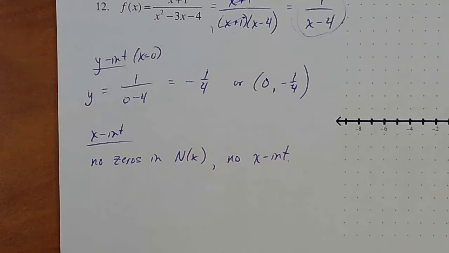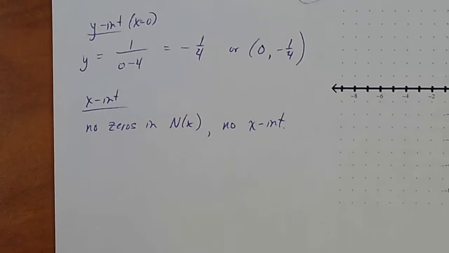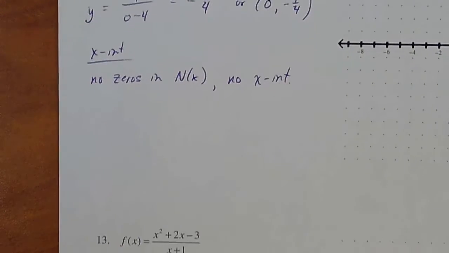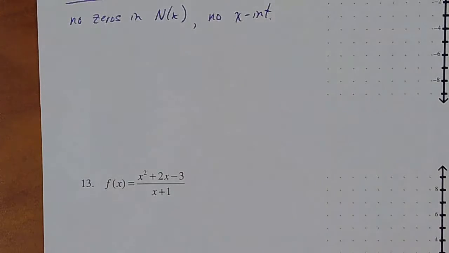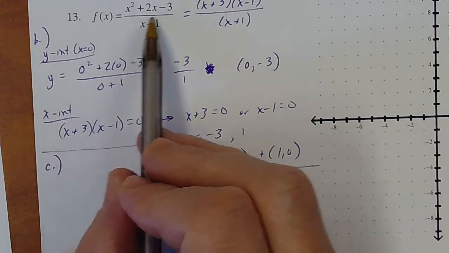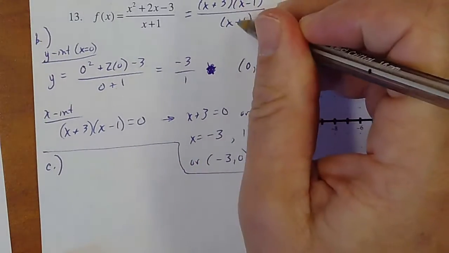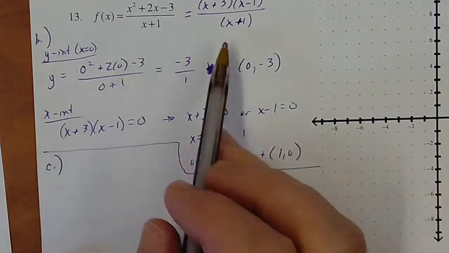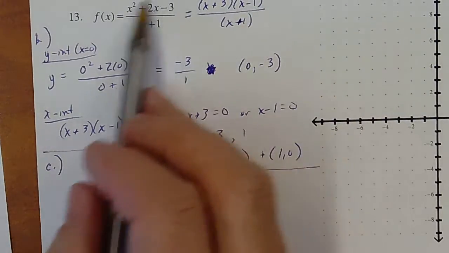Try to simplify 13 first, and then find your x and y intercepts. Okay, here's your feedback on the intercepts. Try to simplify, and there were no common factors to divide out. So we just move forward with this or that, it's up to you.